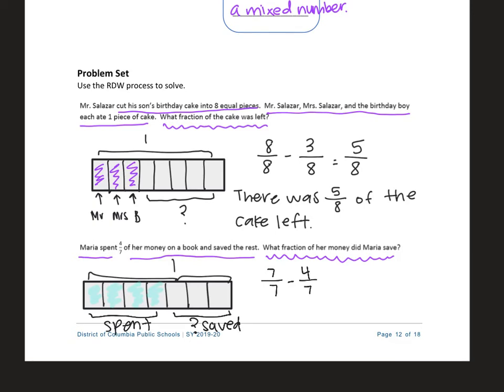So if we subtract 7/7 minus 4/7, that's going to give us 3/7. So answering the question, what fraction of her money did Maria save? We want to say Maria saved 3/7 of her money.